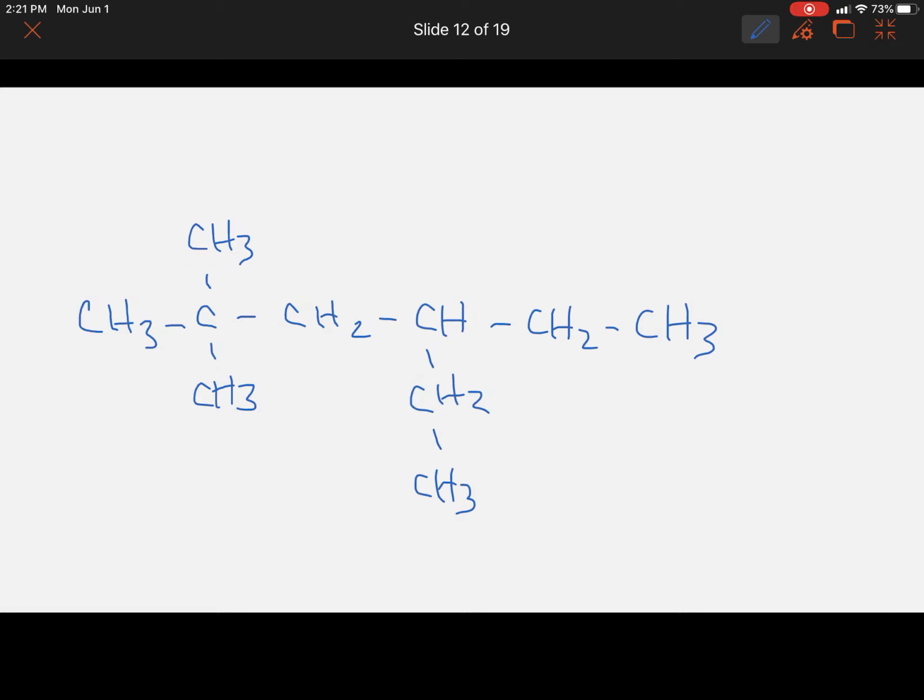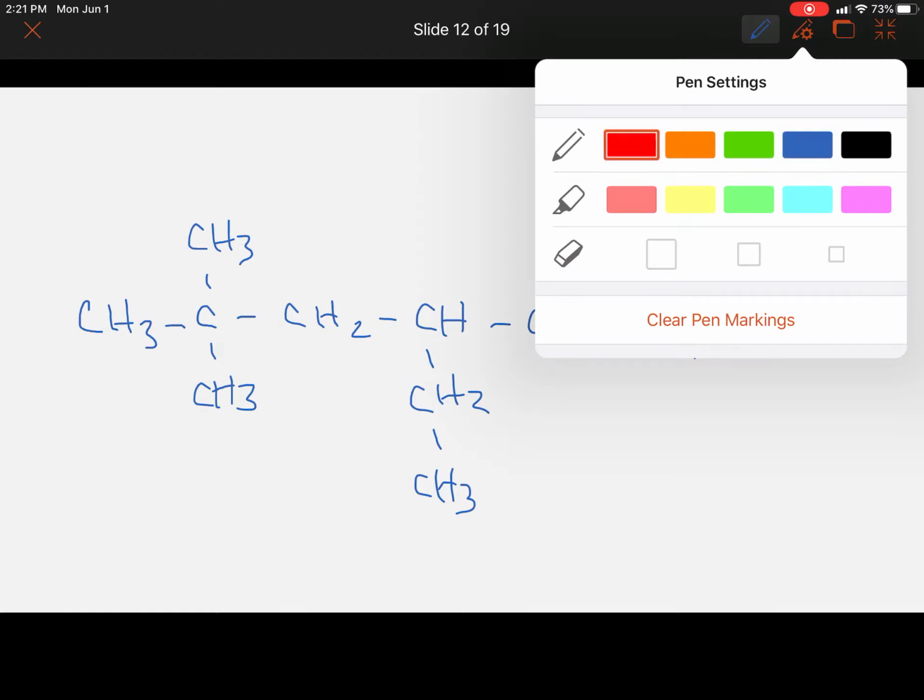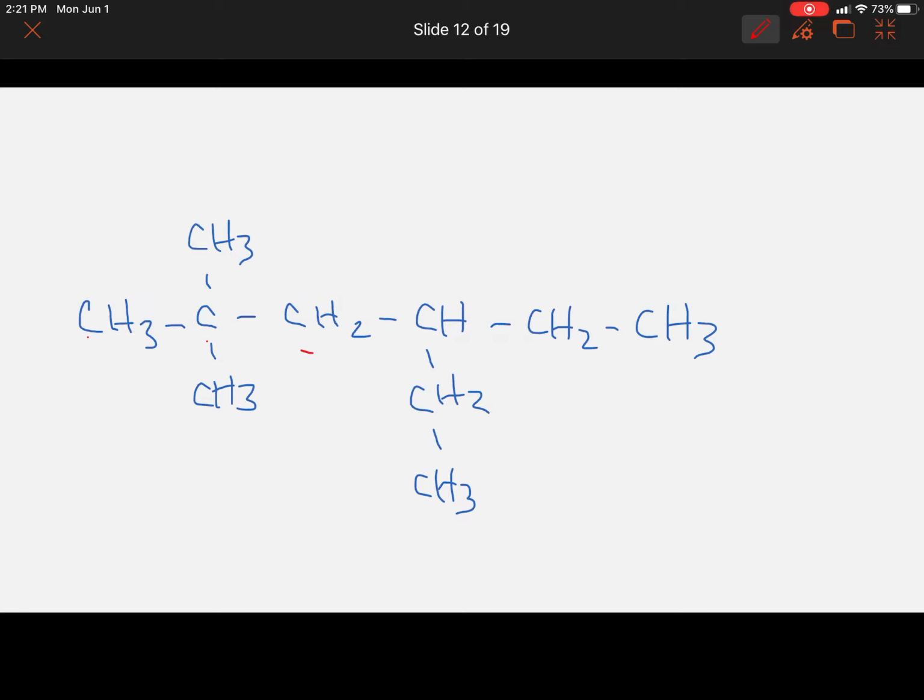So looking at this here, okay, you need to figure out what your longest chain is. So you're gonna just start counting, right? So I go back to red. So I've got 1, 2, 3, 4, 5, 6. 1, 2, 3, 4, 5, 6. They're the same, so it doesn't matter.